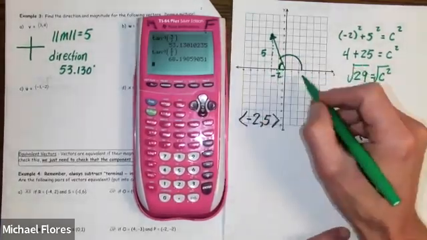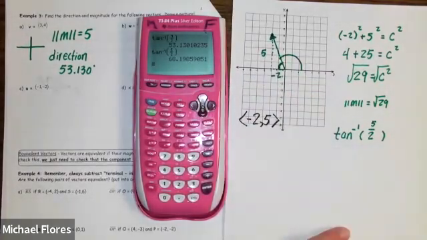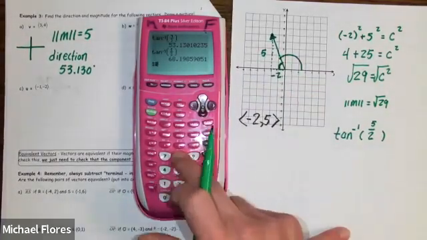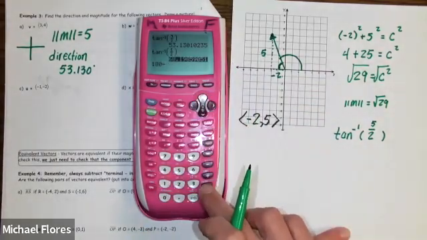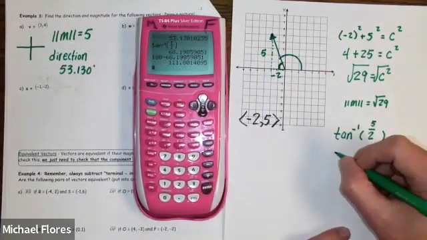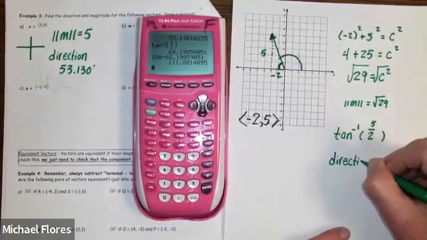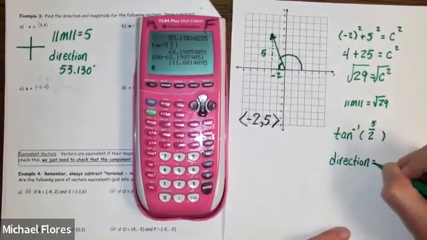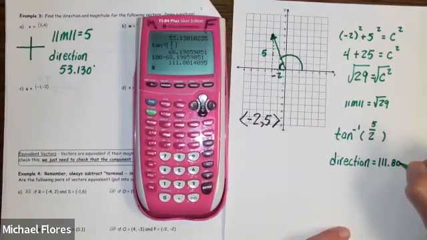It is 180 degrees minus 68.199. So 180 minus, scroll up and hit enter so you can copy and paste down that answer, and then enter again. So our direction is 111.801 degrees.